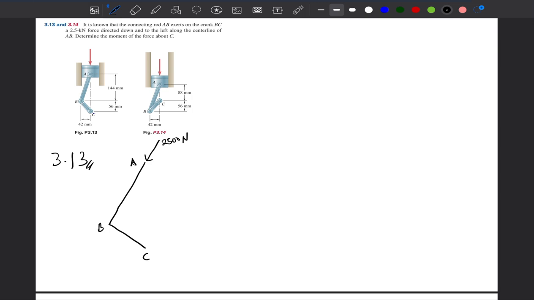The next thing we are going to do is take this in two ways. We are going to draw our horizontal and vertical components.